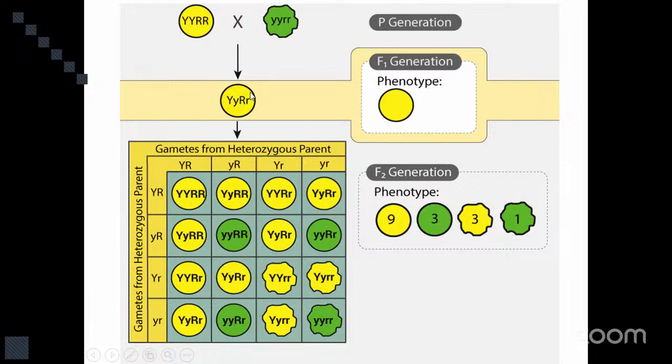Now, if you take this particular one and you break it into the respective genotypes, you are going to be left with the types of the trait: capital Y capital R, small y capital R, capital Y small r, and small y small r. The same thing you do on this other side, and then you try to cross them. So simply carry this Y, you put it here, carry this other Y, you put it here, carry this capital R, you put it here, carry this capital R, you put it here.